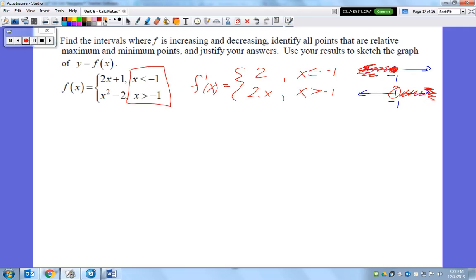What do you remember I told you to do a long time ago when you saw something like this on a piecewise function? What if? The what if x is equal to -1. What point would I have on the top? -1, -1, right? What would I have for this bottom function? -1, -1.